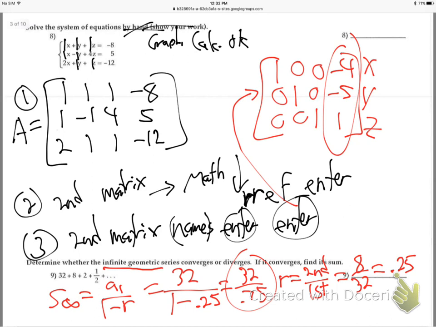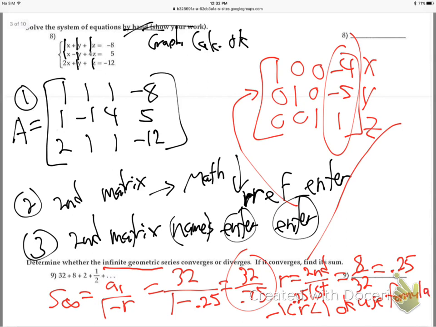Now, actually, technically, careful. We had to make sure that the R had to be between -1 and +1. It was 0.25, so it was. So it's okay to use the formula.